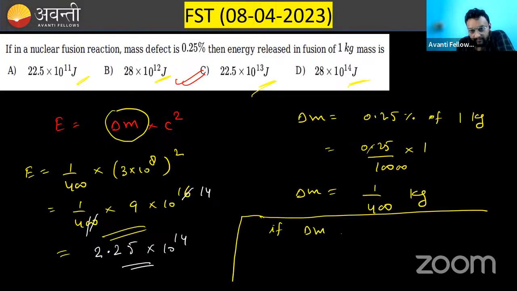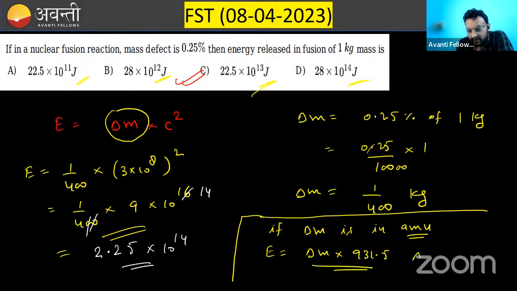if delta M is in, you remember the unit, atomic mass unit, the unit that we have studied in nuclear physics, atomic mass unit. If delta M is in AMU, then energy will be delta M into 931.5.